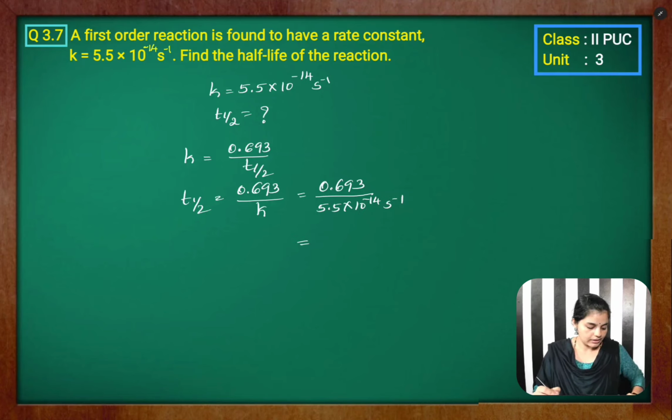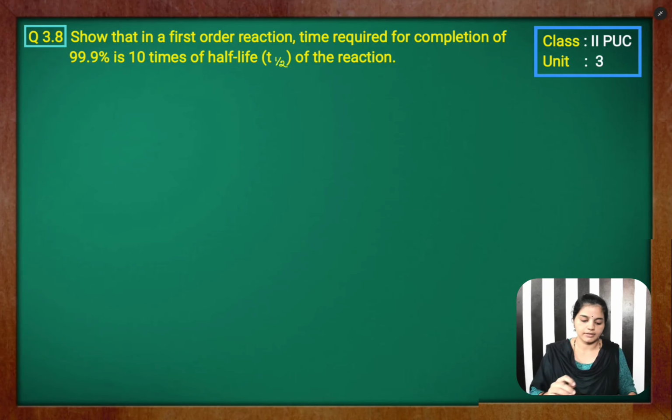So we have to divide 0.693 by 5.5, that's equal to 0.126. So I can write this as 1.26 × 10^13 seconds. It is just seconds. So 1.26 × 10^13 seconds is the half-life.